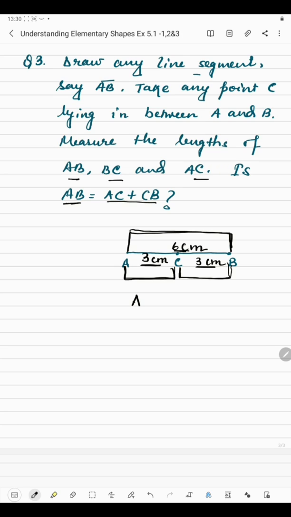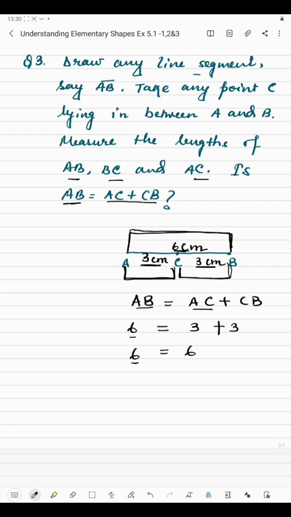So let's check it. AB is equal to AC plus CB. Now AB is 6 centimeter, so in place of AB we have written 6. Length of AC is 3, so we have written 3, and length of CB or BC is 3 again. Now 3 plus 3 is 6.